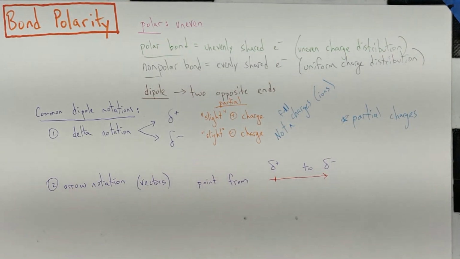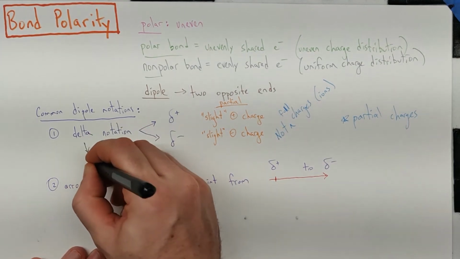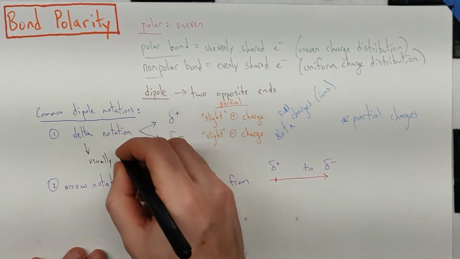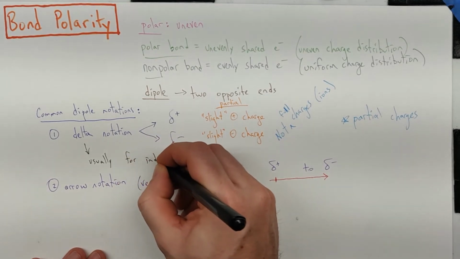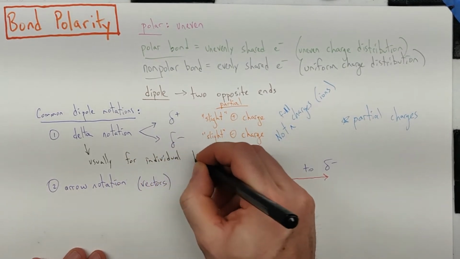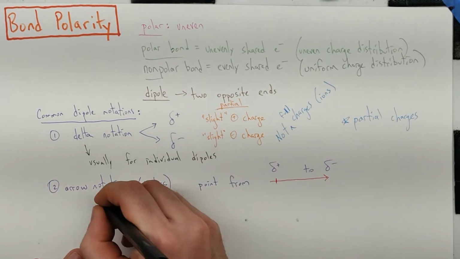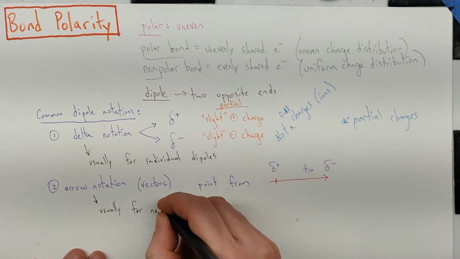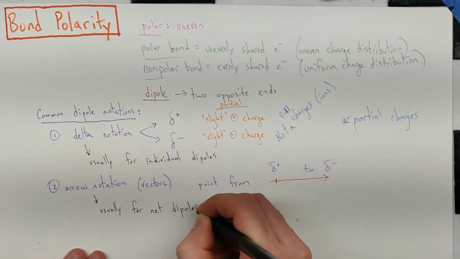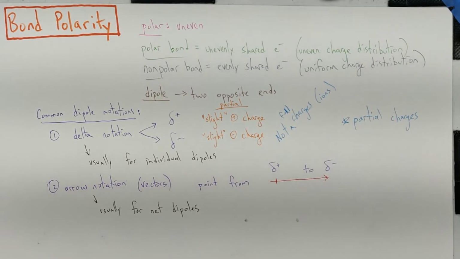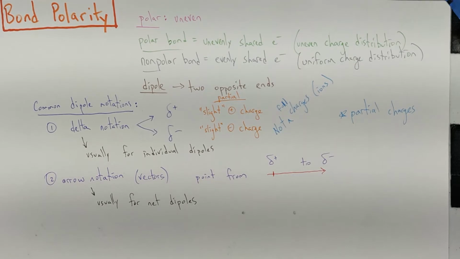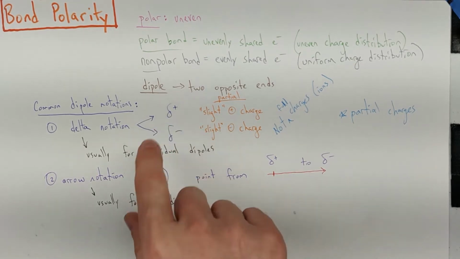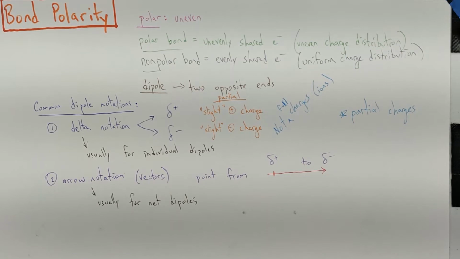One thing that I do want to distinguish here is that delta notation is usually for individual dipoles, while arrow notation is usually for net dipoles. You'll see what I mean by that as we tie this together with our three-dimensional structures. A commonly asked question is, how do you know which atom gets the slight positive or slight negative? And there's a surprisingly simple answer.